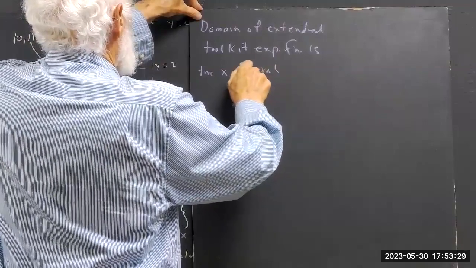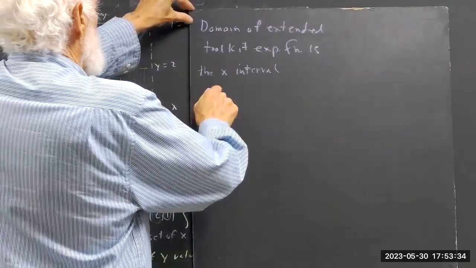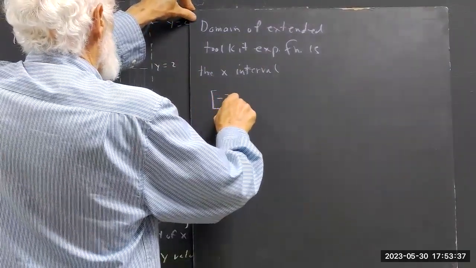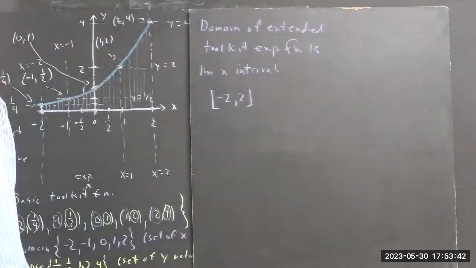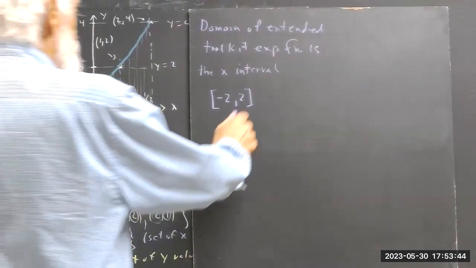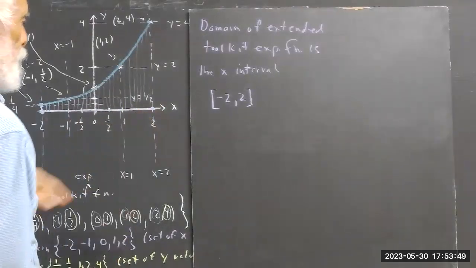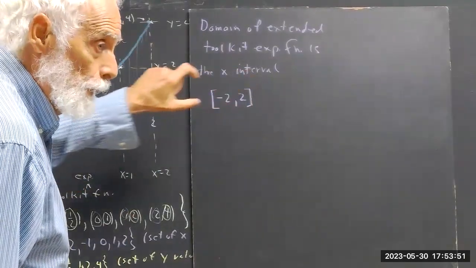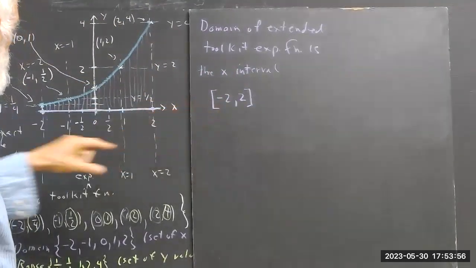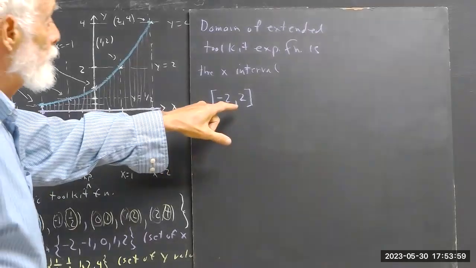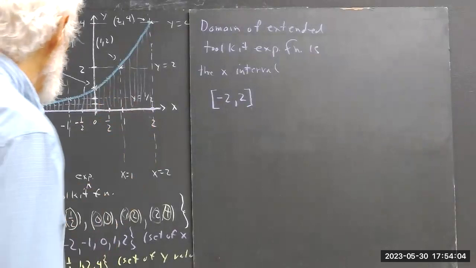And this notation you should be familiar with. If not, it's not difficult to understand. It's the interval, the X interval from -2 to 2. And that's exactly what I indicated here. We use a square bracket on each end to indicate that -2 is included in the domain and 2, with the square bracket there, is included in the domain.